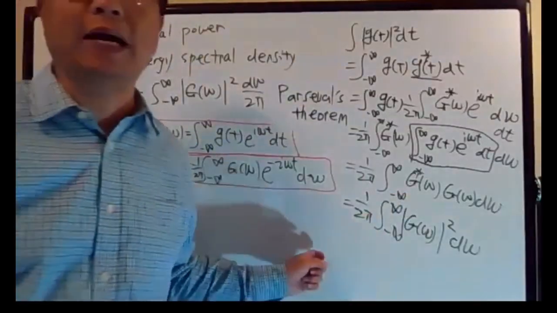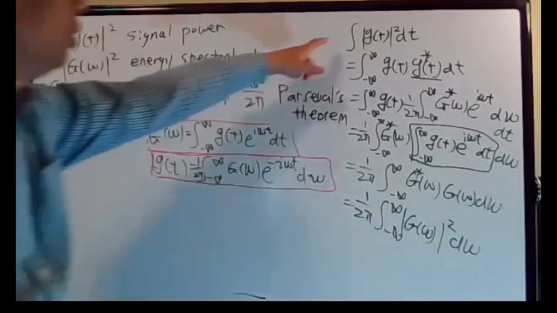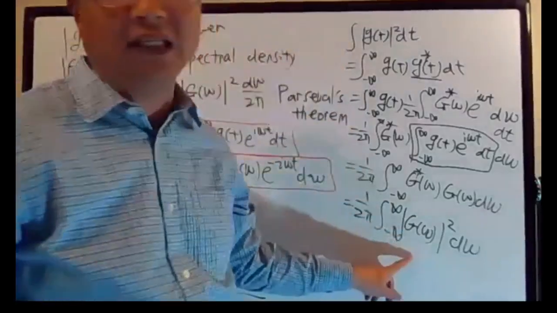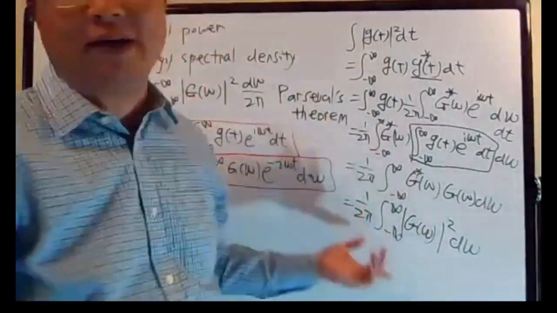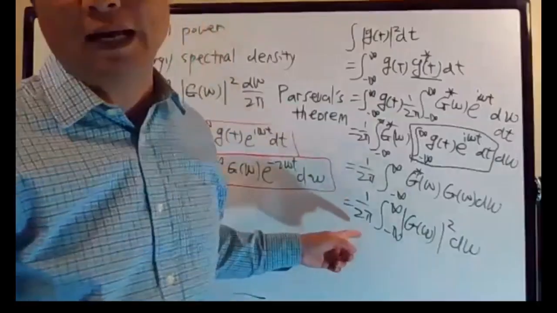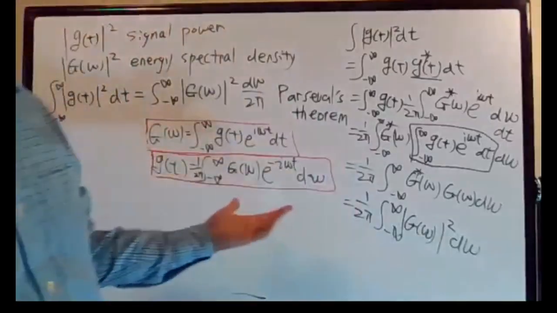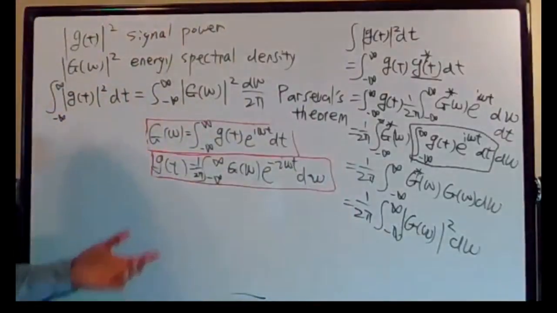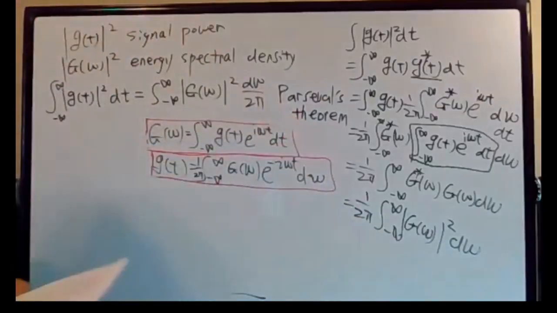In other words, if you take an integral in time domain and an integral in frequency domain, you're able to verify your results by a factor of 2 pi. If they have a factor of 2 pi, then your derivation is correct. Otherwise, there's something wrong. It's called Parseval's theorem.